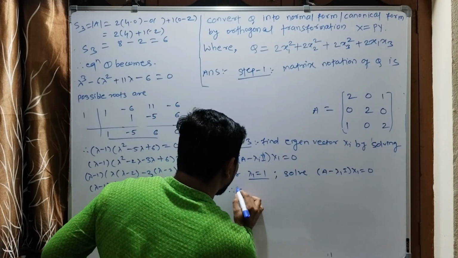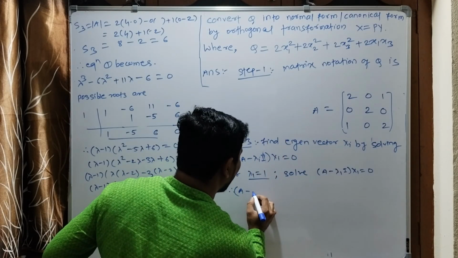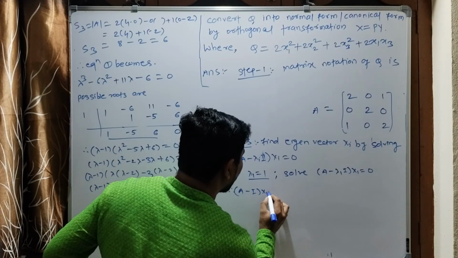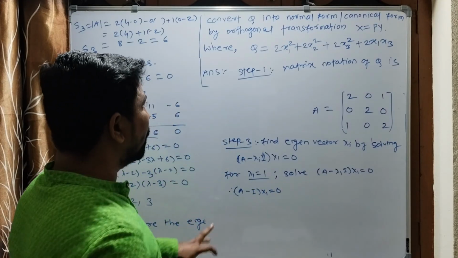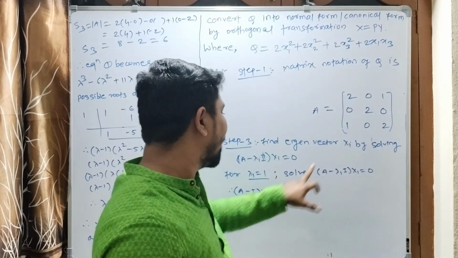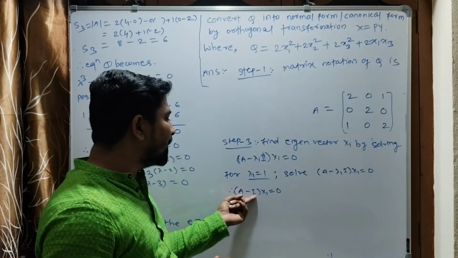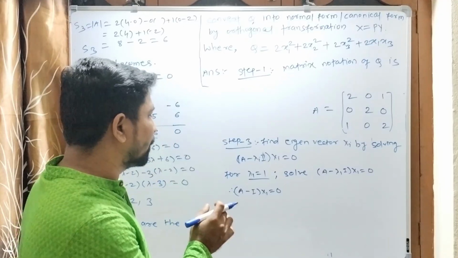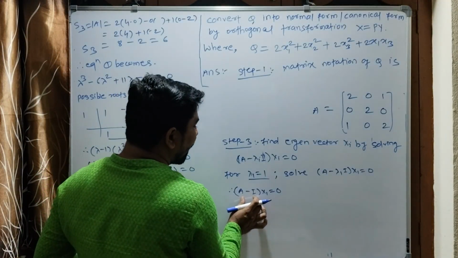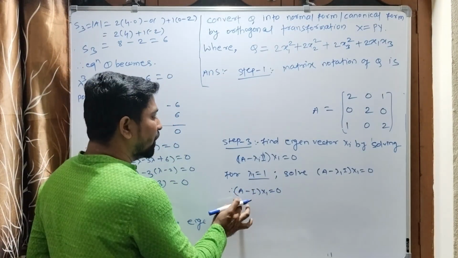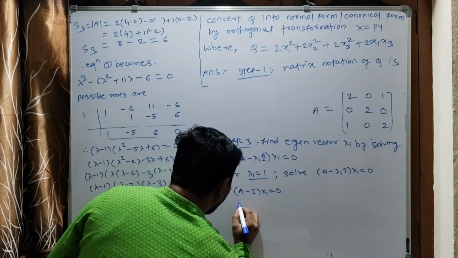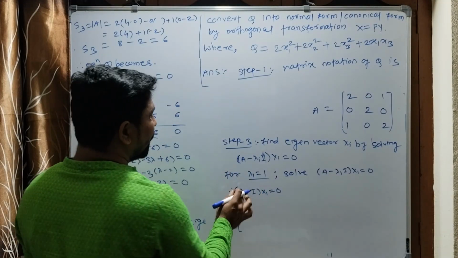Therefore A minus 1 I into x1 is equal to 0. Now A is the given matrix of order 3 cross 3, and I is the identity matrix of order 3 cross 3. So A minus I is the matrix subtraction between A and I.